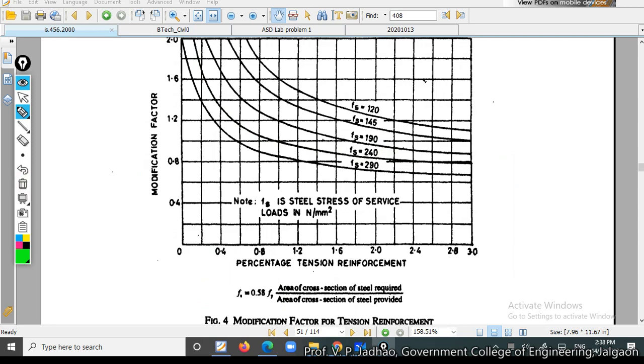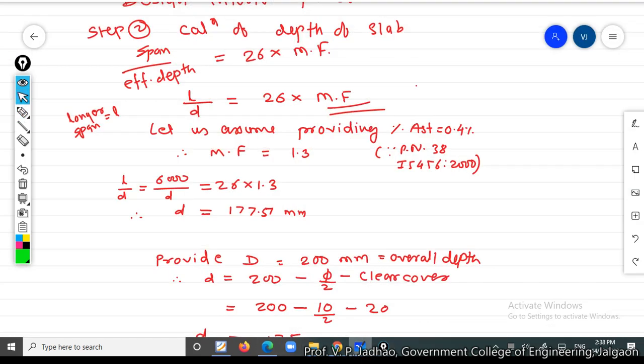Therefore, for 0.4% Ast, the modification factor will be somewhere between 1.2 and 1.4. Therefore, we consider the modification factor as 1.3.